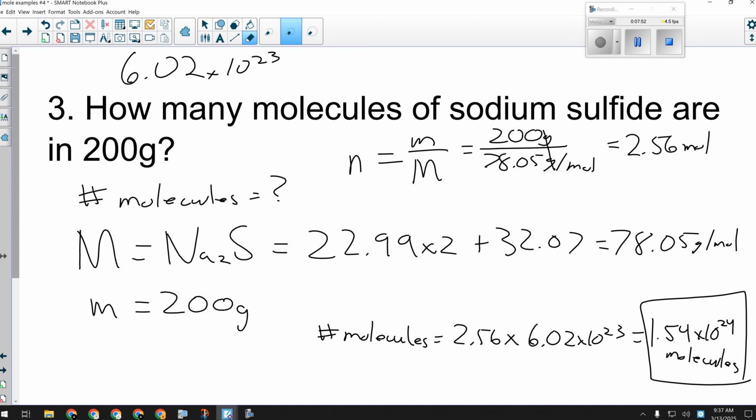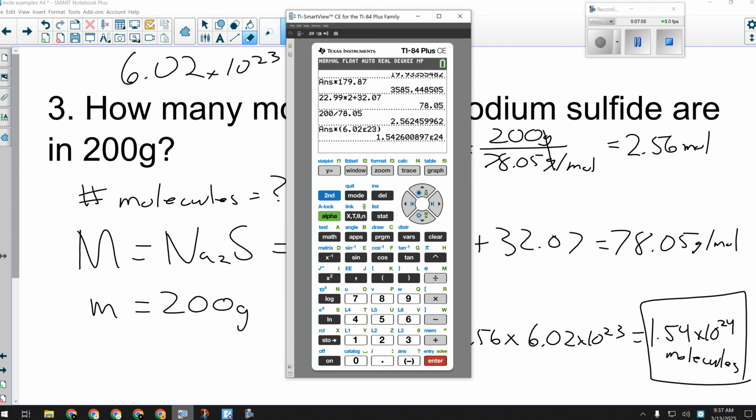Now I just want to illustrate something here, guys. If I round this off and I just go 2.56, I get a different answer. In this case, it didn't end up that once I rounded it was any different, but it does happen fairly often that I would get like 1.545, and I would round up to 1.55, and you get 1.543, and you leave it at 1.54.